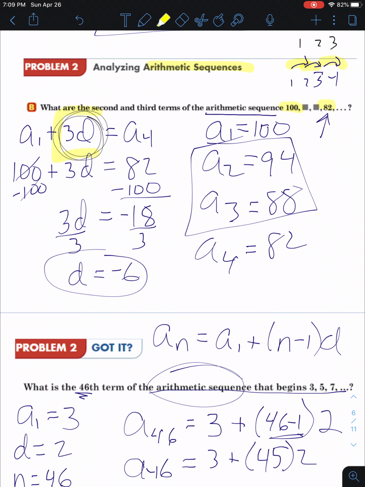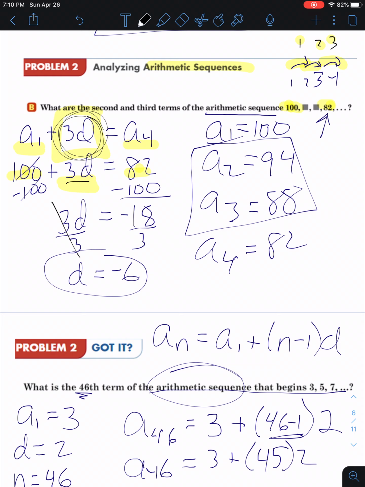We're looking at the first term, which was the 100, plus the 3 differences, 1, 2, and 3, gave us the 4th term. The 4th term was 82, so we put that here. The first term was 100. So there's my 100 and my 82, plus the 3 differences. If you subtracted the 100 from both sides, you got 3D is negative 18.